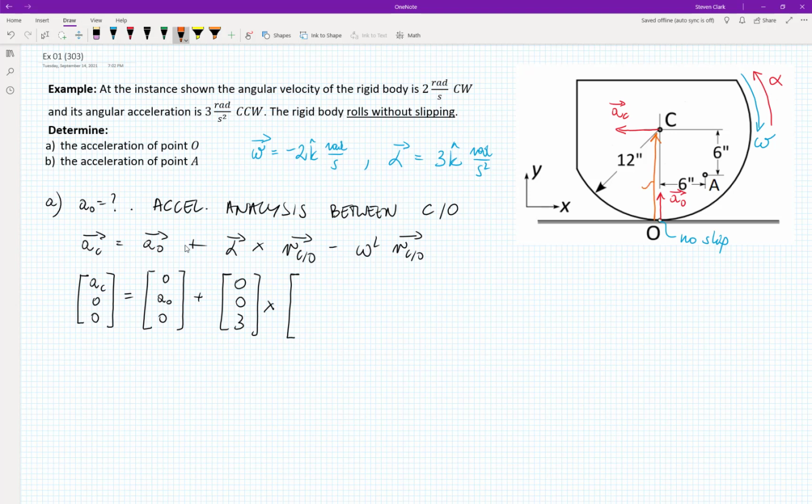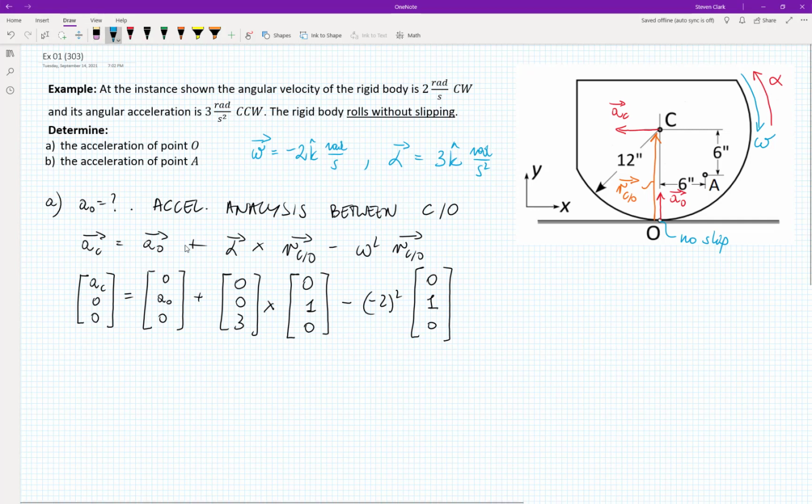So this is RCO, and I think that its components are 0, 1, 0. Yeah, 12 inches is 1 foot. Minus 2 squared, 0, 1, 0. Okay, if you run this determinant, you will obtain the following vector: minus 3, 0, 0.